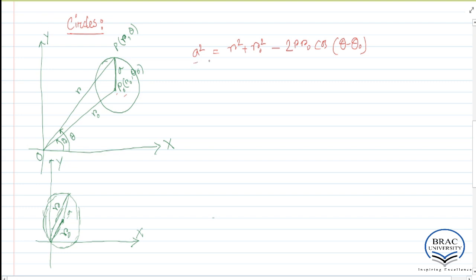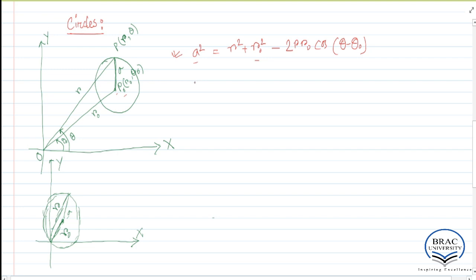It equals the sum of the squares of these two sides, r square plus r naught square, minus 2 r r naught cosine of the angle between these two sides r and r naught. So this is basically our equation of the circle in the polar coordinate system.